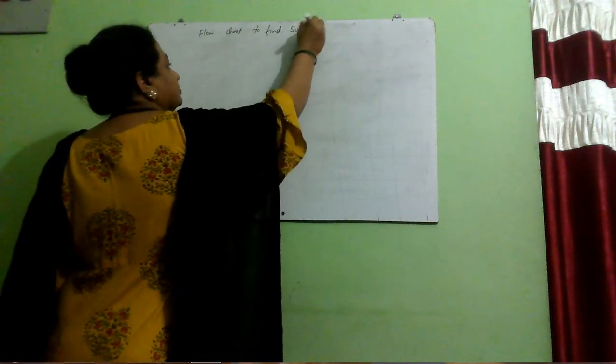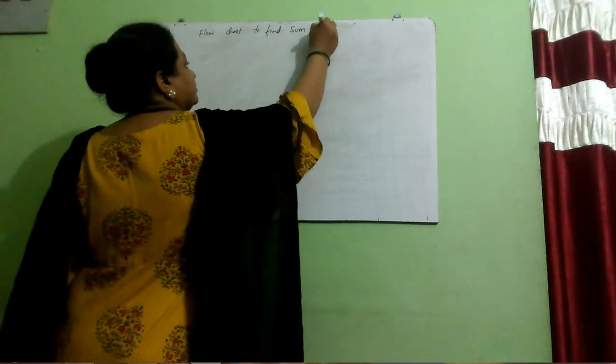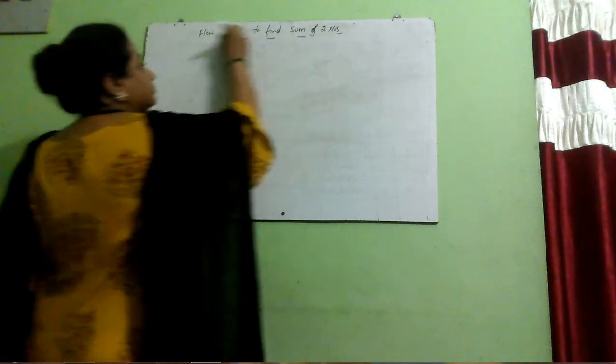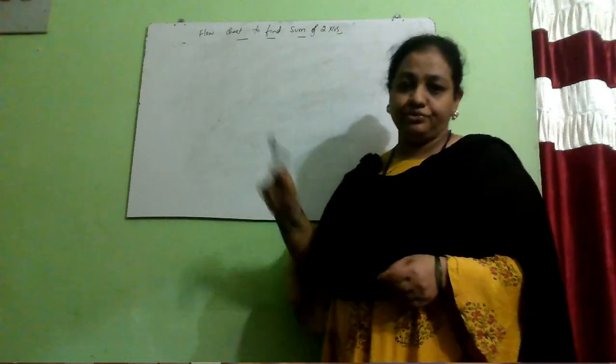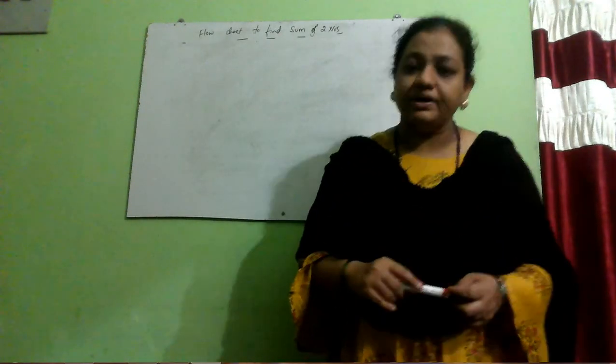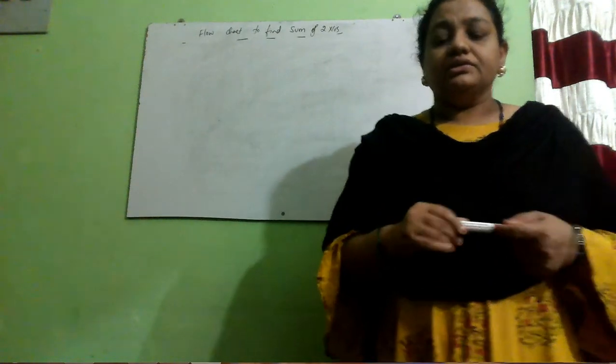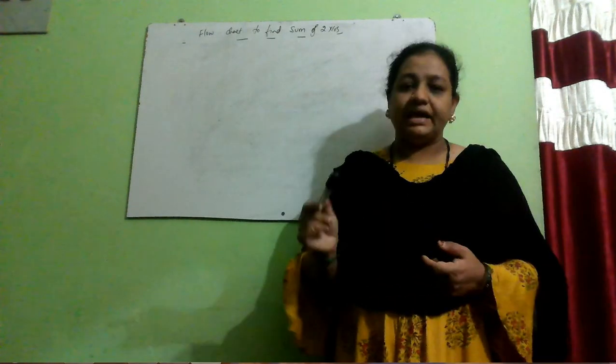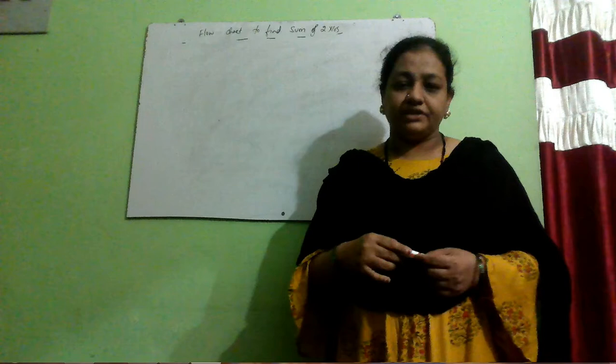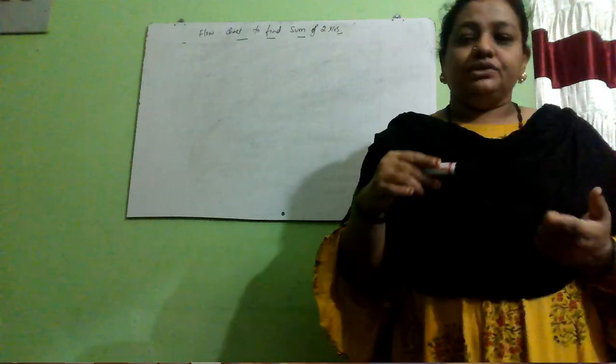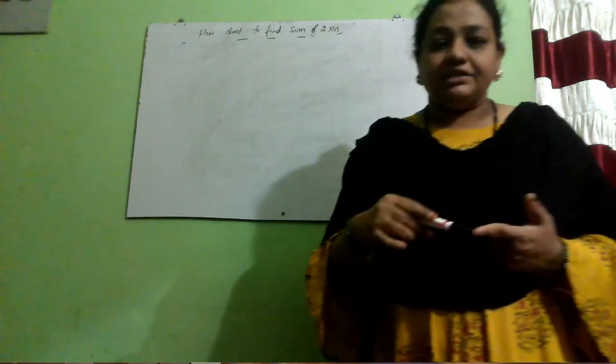Kindly come with a notebook and a pen. Please copy all the steps. Then only you will learn, otherwise you will not be able to follow, because all topics have a continuity. And if you don't attend the class regularly and don't write down the things, it will be very difficult for you to continue.